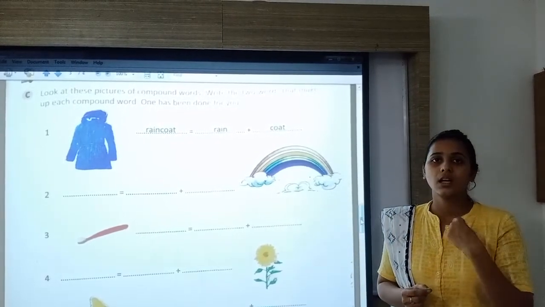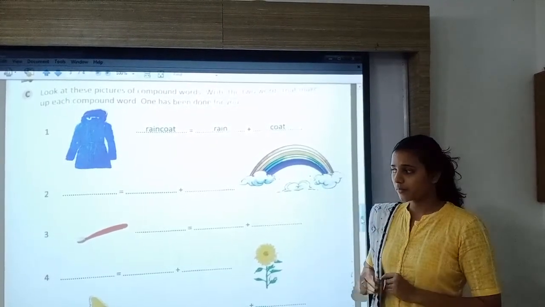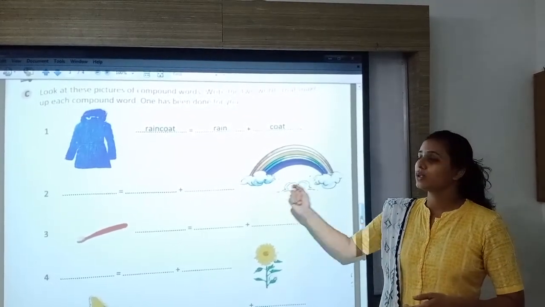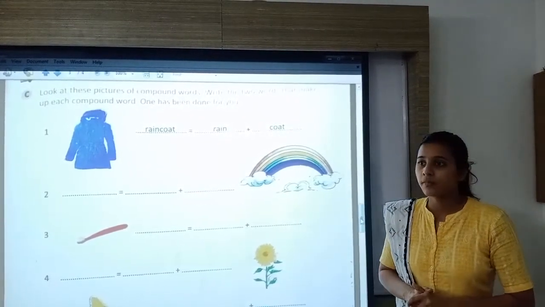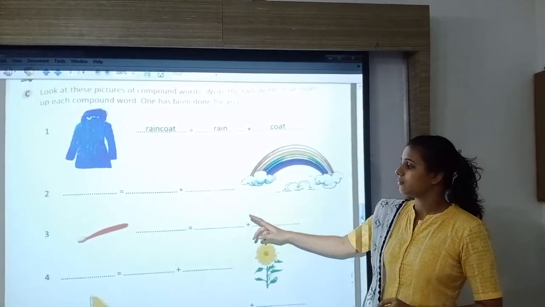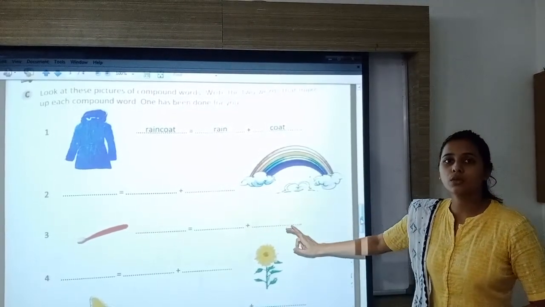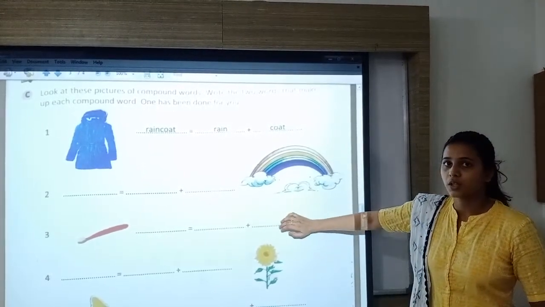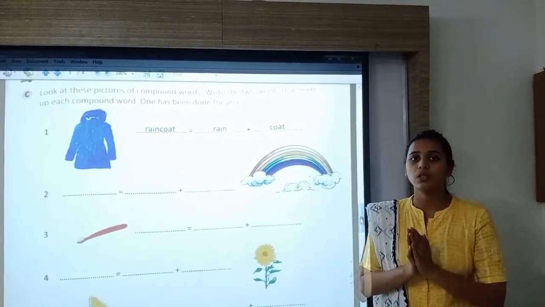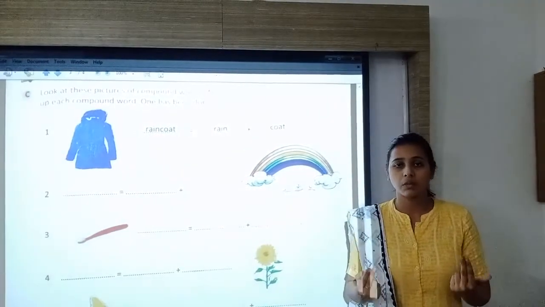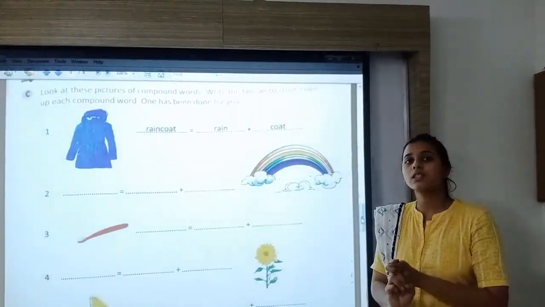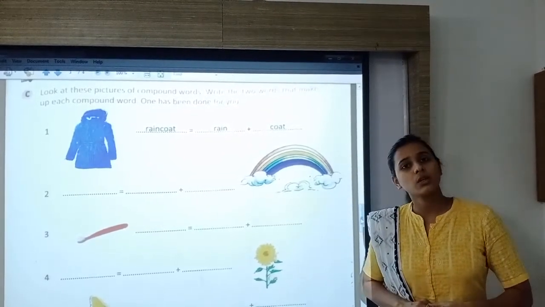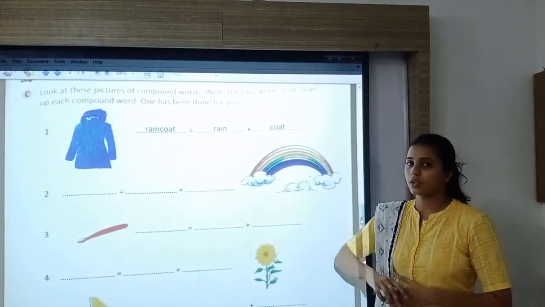Tooth, that is dant, our teeth, and brush, that is what we use to clean our teeth. Now, if we join these two different words, it will make toothbrush. So, tooth and brush both are two different words with two different meanings. And if we join these different words, a new word will be formed with new meaning, which is toothbrush.